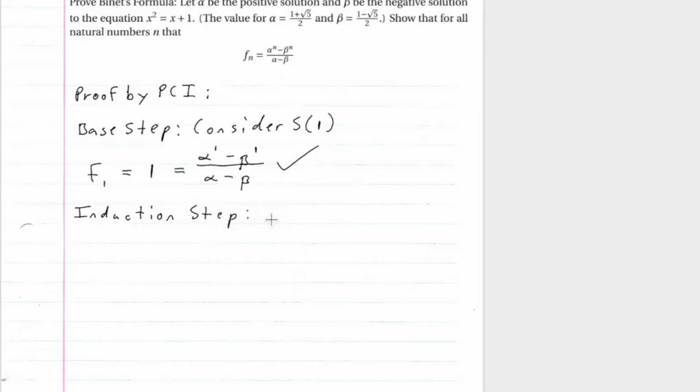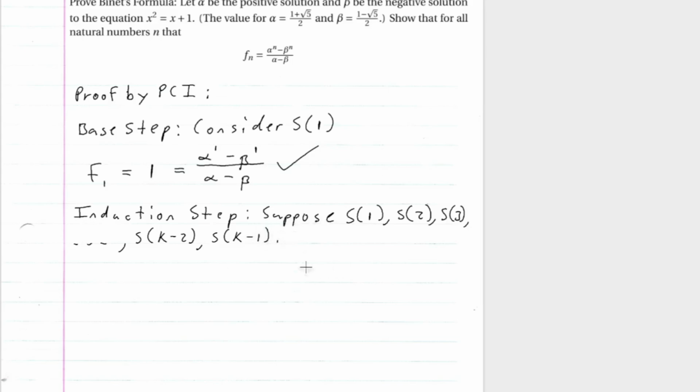So for the principle of complete induction, we're going to suppose S of 1 is true, the statement involving 2 is true, the statement involving 3 is true, all the way to the statement involving k minus 2 is true, and the statement involving k minus 1 is true.